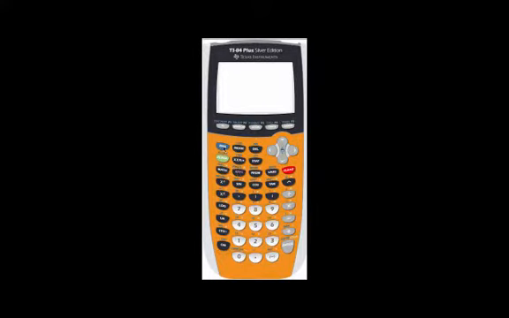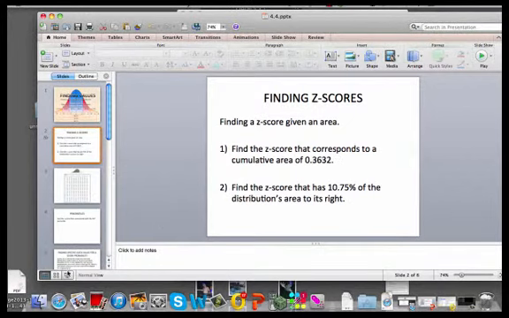Again, I go to my calculator, second distribution, inverse norm, the third option, 0.8925. Press enter, and I get 1.24. Remember, I'm going to put my answer in 3 sig figs.